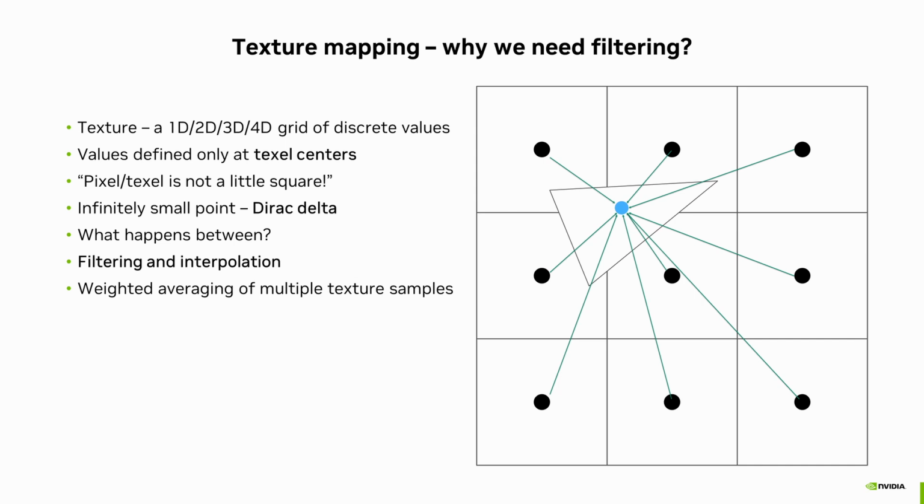The weights of those samples depend on the relative position of the evaluated point and contributing texel positions. While many filters, such as higher-order interpolating filters, have negative values and weights, all useful texture filter weights sum to 1 to preserve constant values in the surrounding neighborhood.